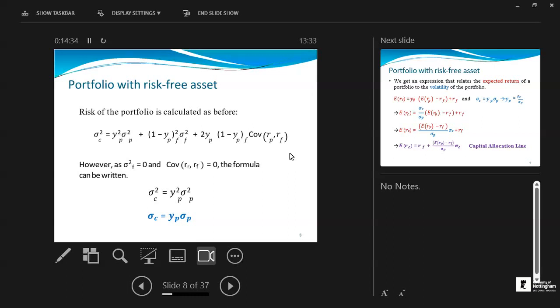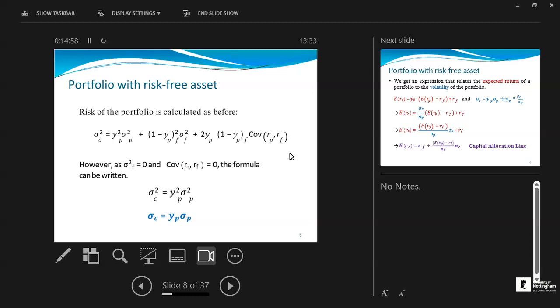Because sigma f, the variance of the risk-free asset, is zero. What about the third term? The covariance is zero, because there is no covariance between the two. So the third term also becomes zero.